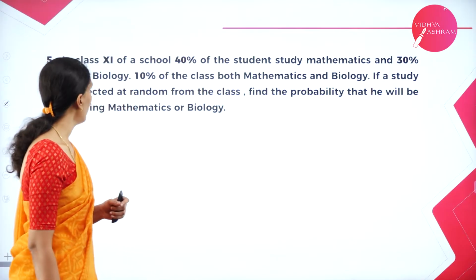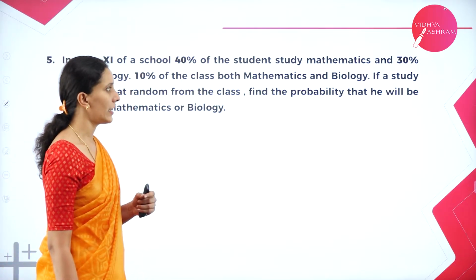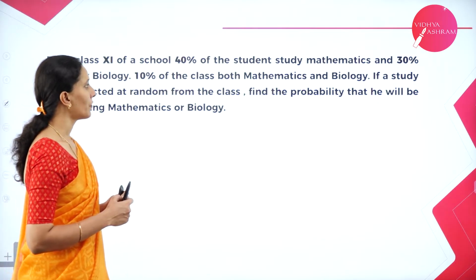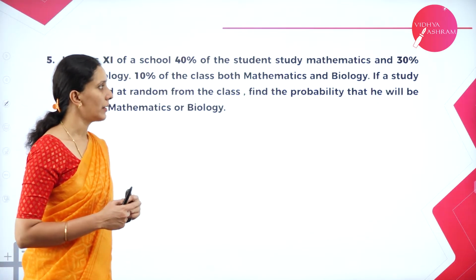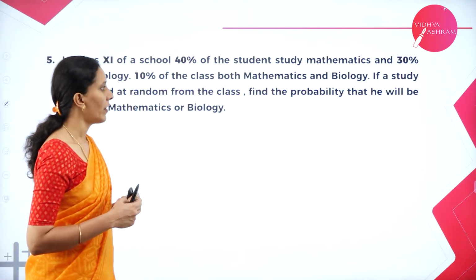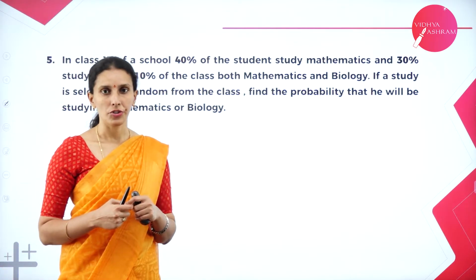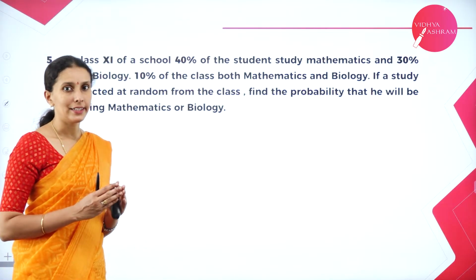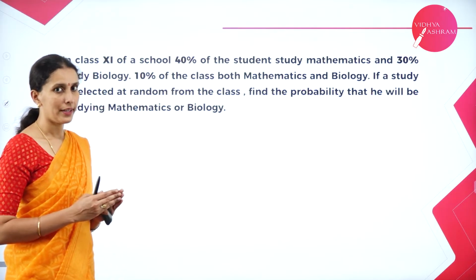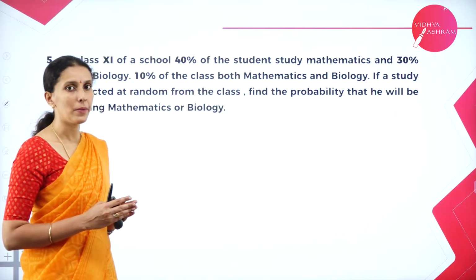So the next one we have, in class 11 of a school, 40% of the students study mathematics, 30% study biology, 10% of the class both mathematics and biology. If a student is selected at random from the class, find the probability that he will be studying mathematics or biology. So now let us write the probability value. They have given in terms of percentage. Let us convert it into decimals so we can write the probability value.